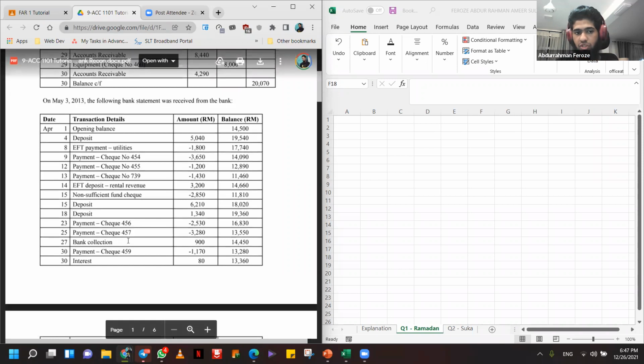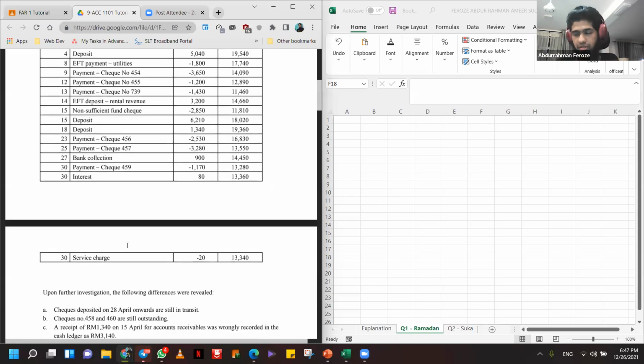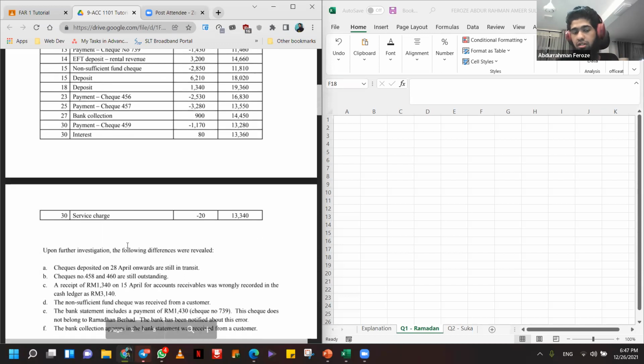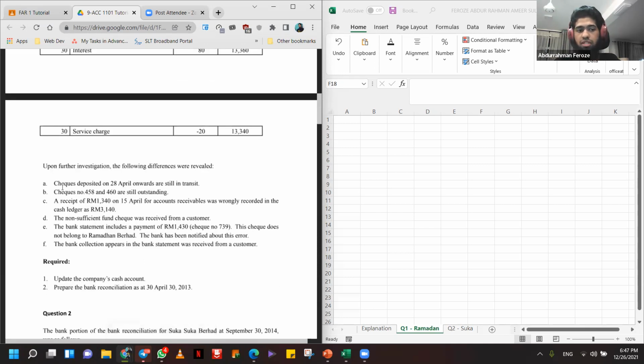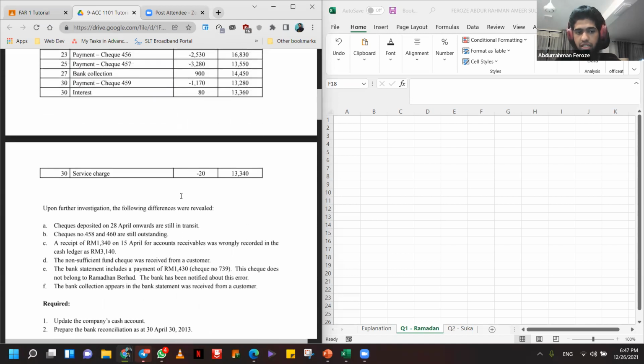If you look over here, there's 457 and 459. 458 and 460 are not there because they have been deposited by the company but not yet received by the bank, or the company is making a payment and the bank has not yet paid it out to the destination, right? So that's the first difference mentioned here. And B, checks number 458 and 460 are still outstanding, right?